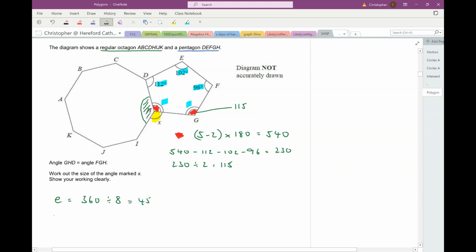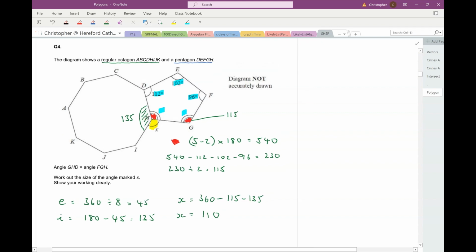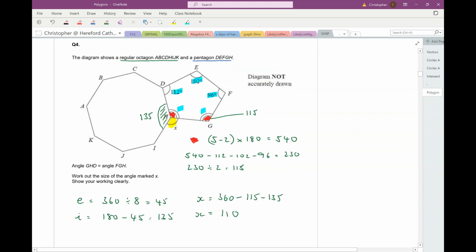So the interior angle of a regular octagon is 180 minus 45, 135. So that angle is 135. Now I can find X. So X will be 360, subtract the red angle, subtract that angle at H, 135. Okay, 360 minus 115 minus 135 gives me an answer of 110 for X. And that is question 4 done.